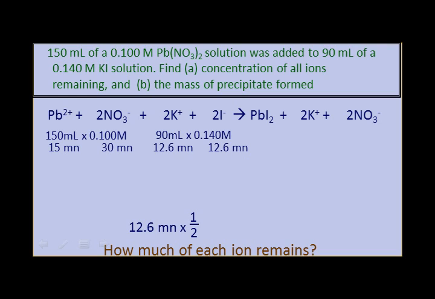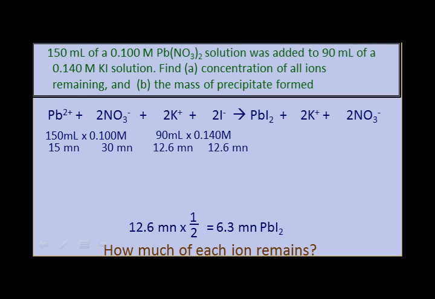Now, if you don't see that, then go back and treat it the way you would limiting reagent problems and figure it out. But the fact is, when you run this calculation, you're going to see that you have 6.3 millimoles of lead iodide, plumbous iodide being produced. The 6.3 millimoles of plumbous iodide comes from the fact that you have 12.6 millimoles of iodide ion.